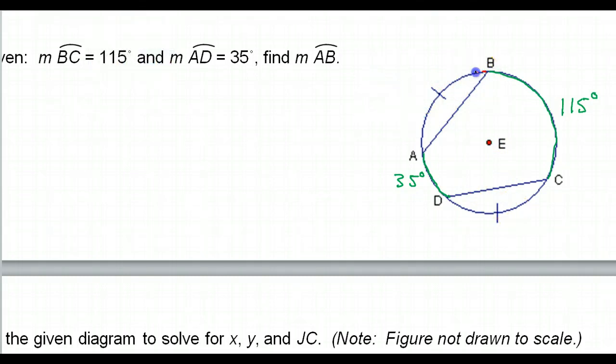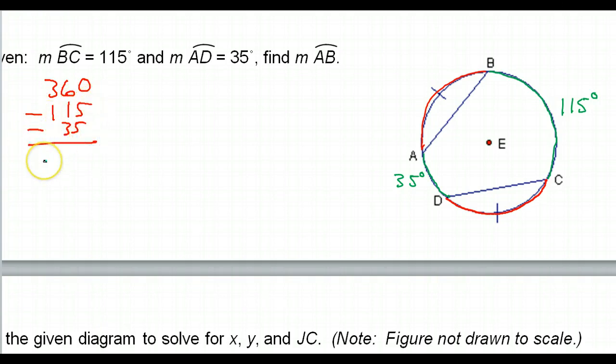But we do know that these two arcs will be the same. So arc AB and arc CD will be the same because of the way they're marked. So all I really need to do is subtract from 360 and divide by 2. So if I subtract 115 and 35 from 360, that leaves 210 degrees.